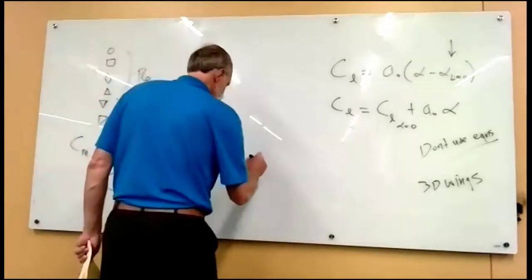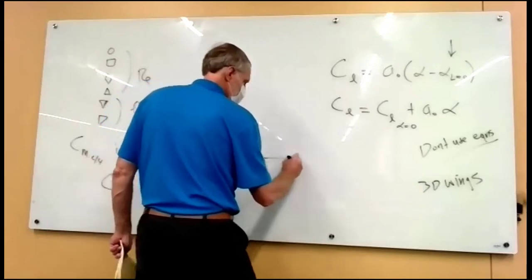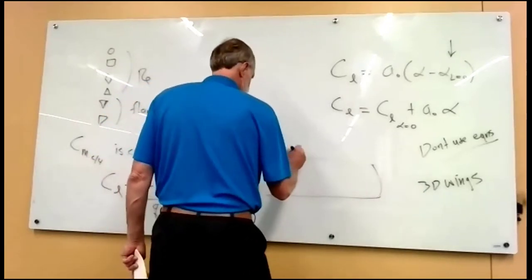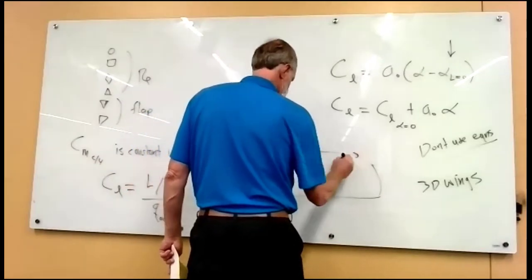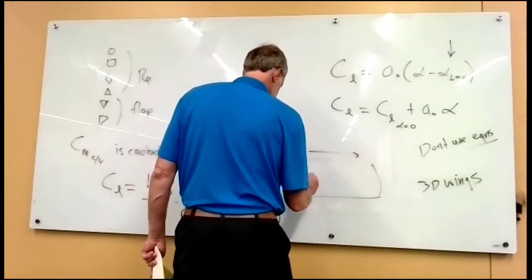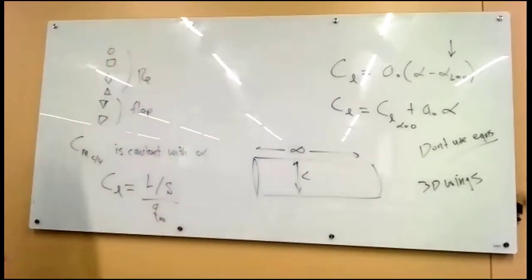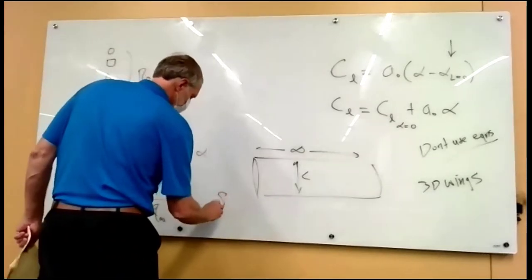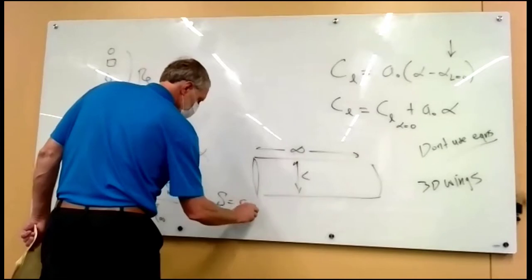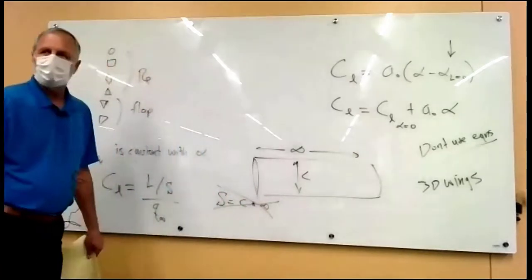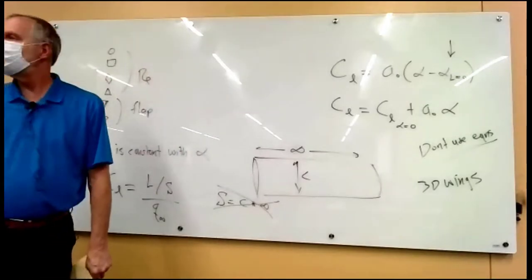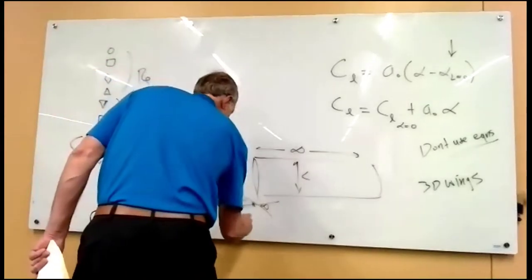But if we have an airfoil, it has an infinite length. It's called an infinite wing. So what's its area? Chord times infinity is going to give an S of infinity. That makes no sense. So that's useless. So what we do is we do this per unit area.